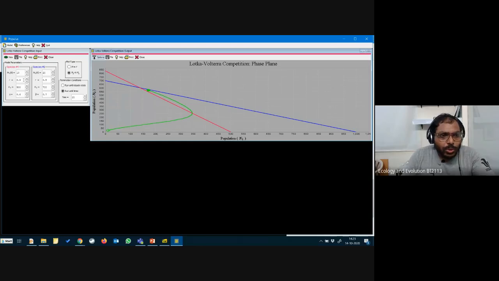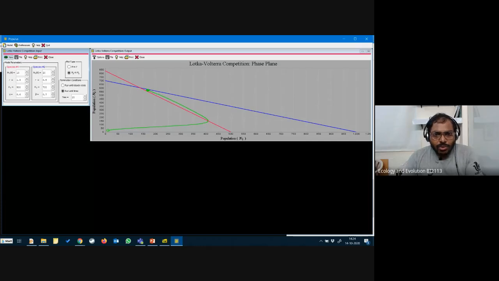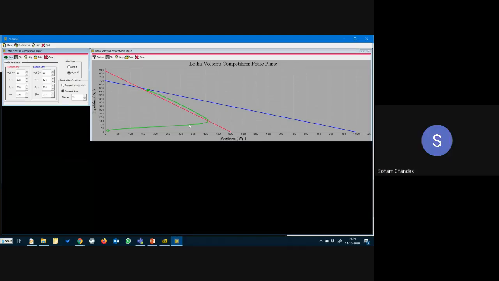So now what I'm going to do is I'm going to change the R values. So the R for the first one is 0.9. I'm going to make it 1.3, let's say. Okay. And now observe that the trajectory has changed. Can you see the new trajectory over here? Yes, sir.